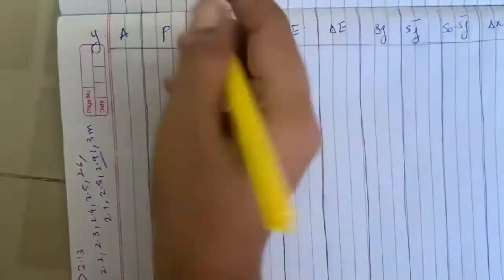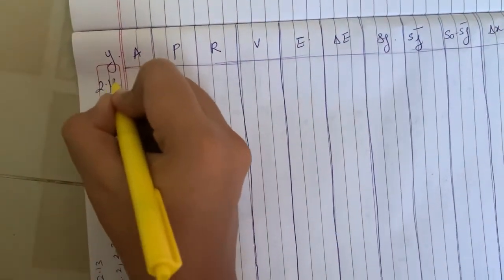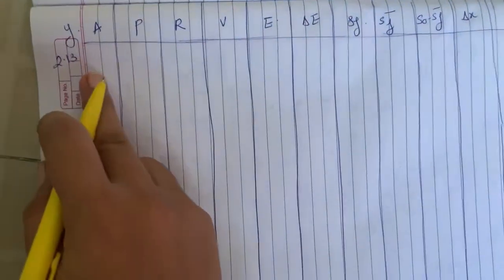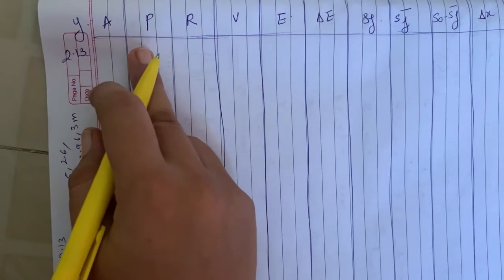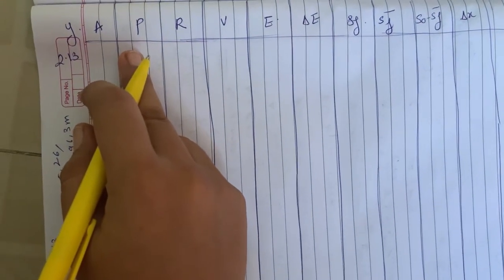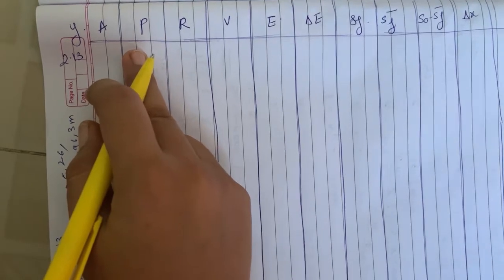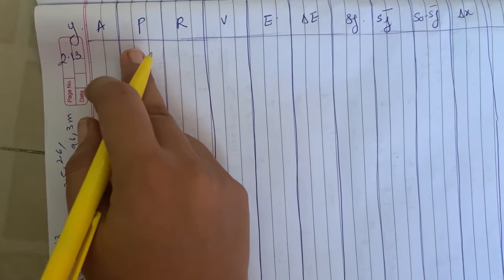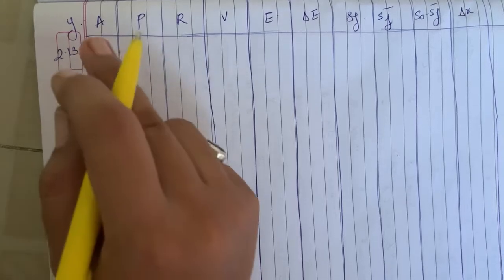Now the first depth we are considering is 2.13. This is our first depth. Area, for a trapezoidal channel we know the area formula: in brackets b plus ny, into y. That formula we have to use.